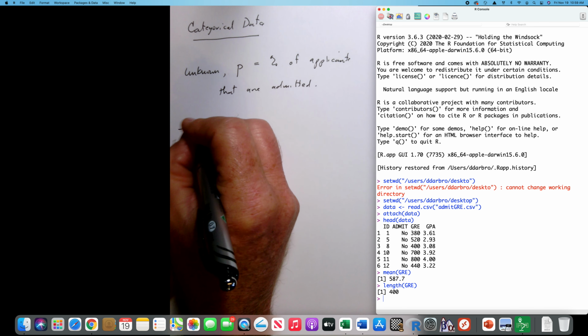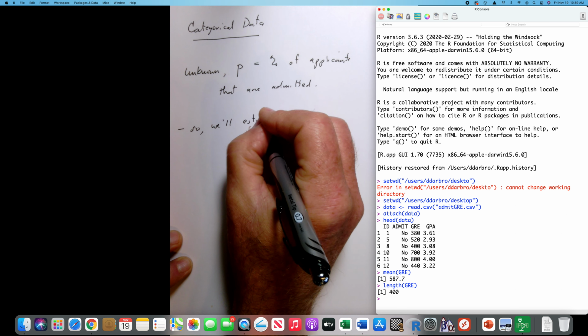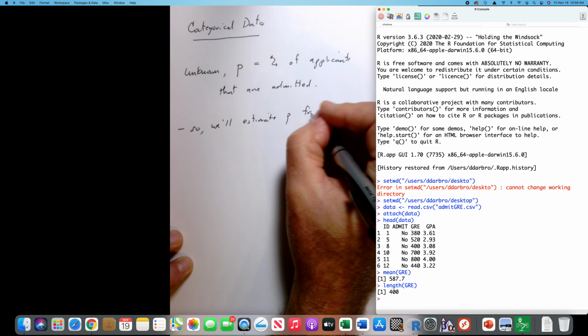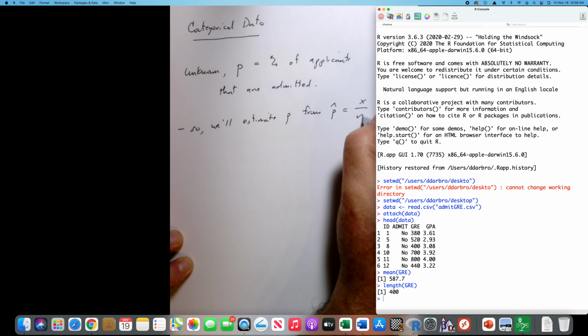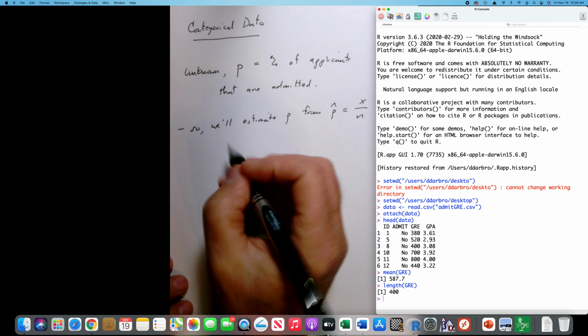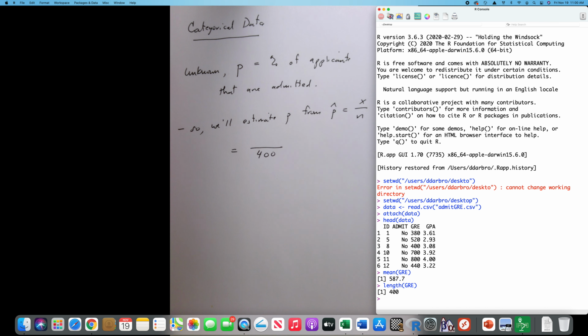So we'll estimate P from P hat, which is the number of applicants that were admitted divided by the total number of applicants. So we know that this will be out of 400.